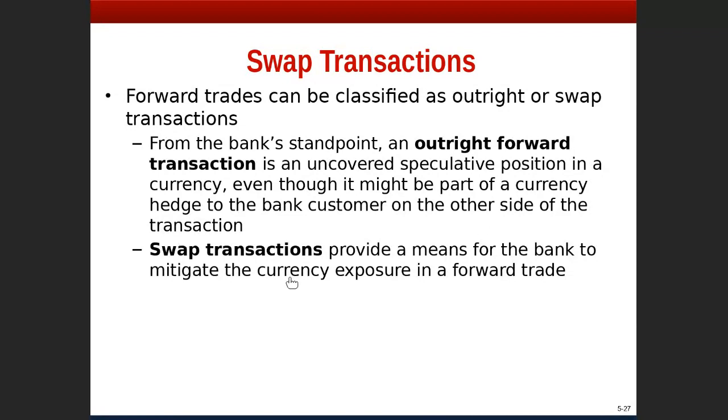Swap transactions provide a means for the bank to mitigate its currency exposure in the forward market. Later on, in one of our future chapters, we will be discussing swap transactions.